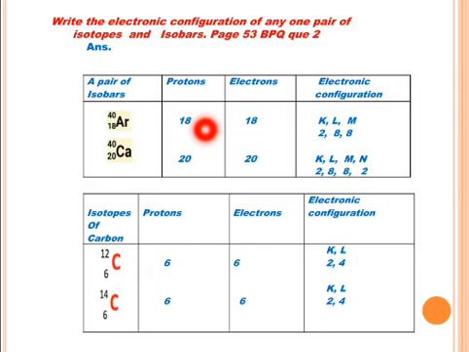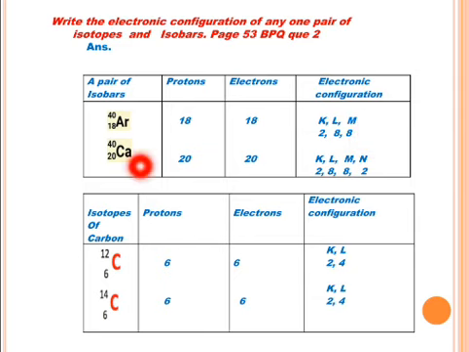The number of protons in argon is 18. The number of electrons is 18 as the atomic number is 18. So on the basis of electrons we see the electronic configuration. There are 2 electrons in the K shell, 8 electrons in the L shell, and the remaining 8 electrons are in the M shell.